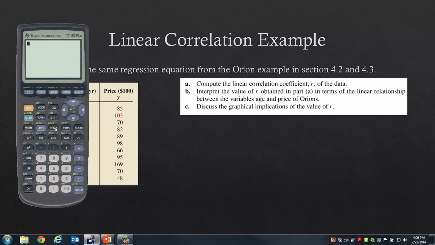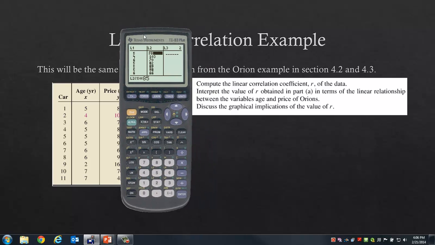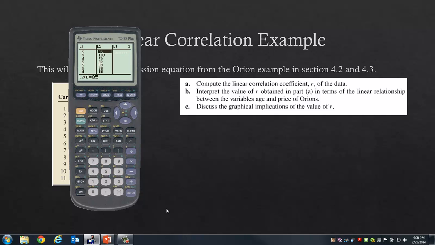Hopefully you already have the data in your calculator, because hopefully you're watching all of these at one time. And so here's our data. If not, feel free to pause it right now and copy that down in your calculator. But if you do, we can go ahead and start the process.